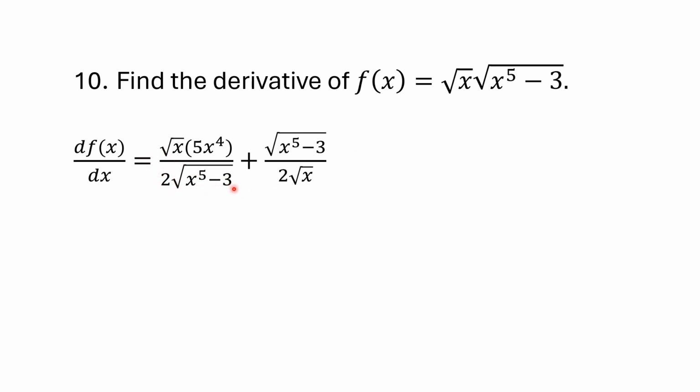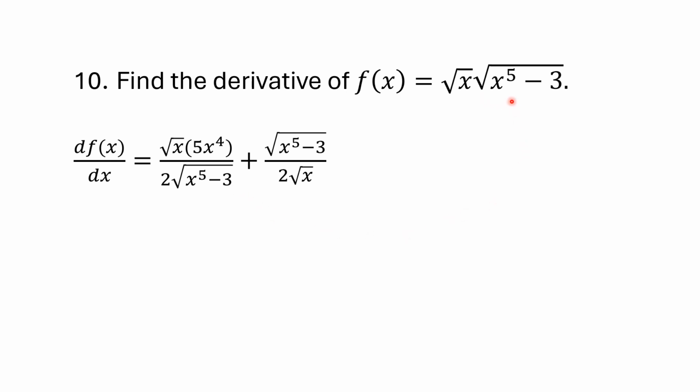X to the 5th minus 3 to the negative 1/2 power, or we move that expression to the denominator. And then we have to take the derivative of what's inside. The derivative of x to the 5th is 5x to the 4th, and the negative 3 contributes nothing.